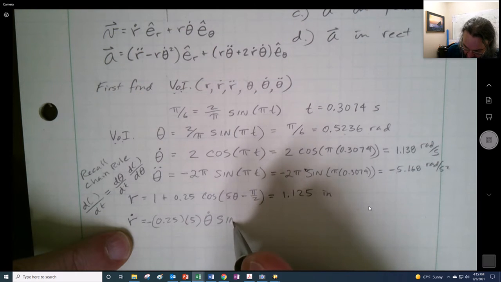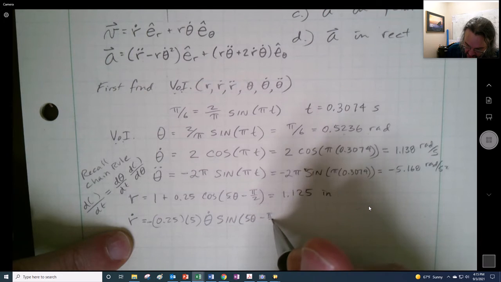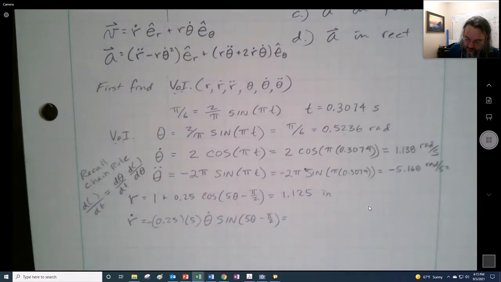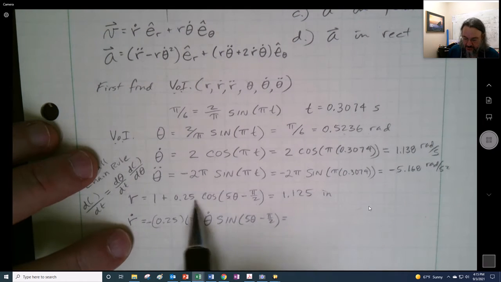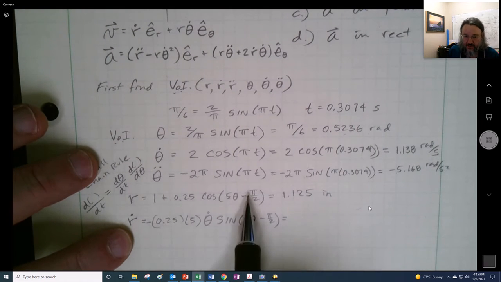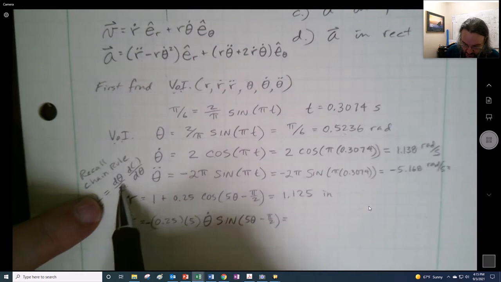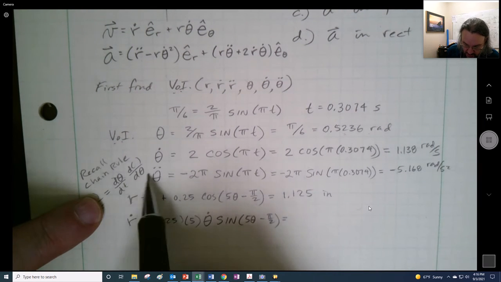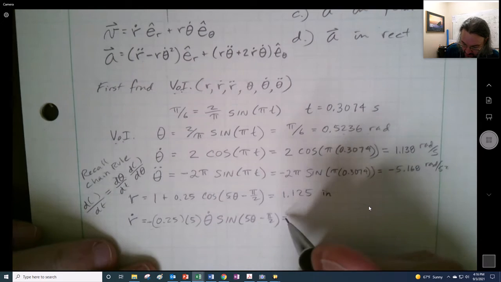And then it's sine, and then it just remains whatever is on the inside. I hope that's clear. It's kind of a trick. It's a way to get around the fact that this is a function of theta, but we want to take the derivative with respect to time. So we're able to do that because of the chain rule, because you see those two things will cancel out and functionally get there by multiplying it there.